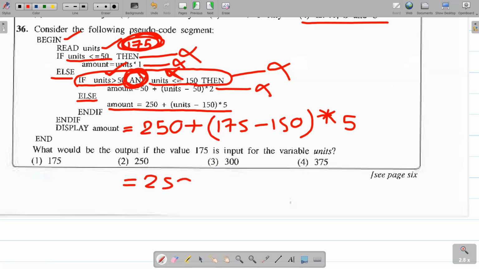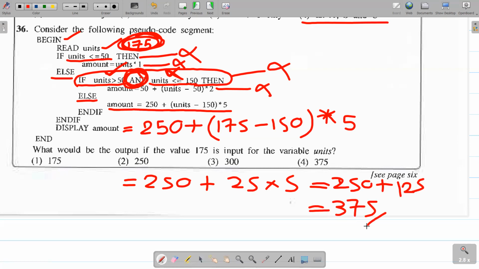So 250 plus 25 into 5, which means 250 plus 125, which means 375, which gives you the answer as the fourth one. Right? Are we clear up to this point, everyone?